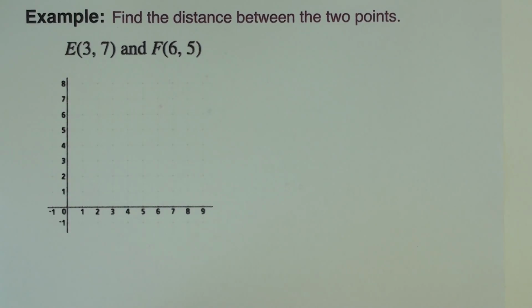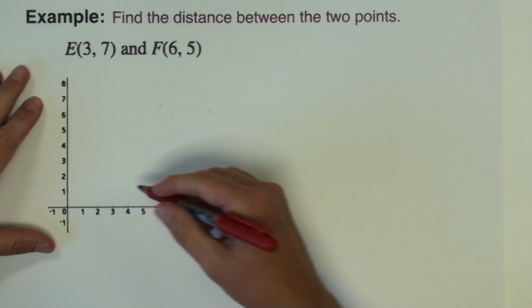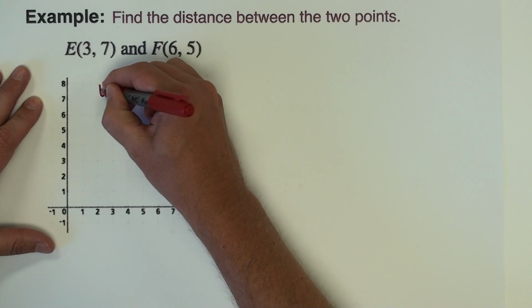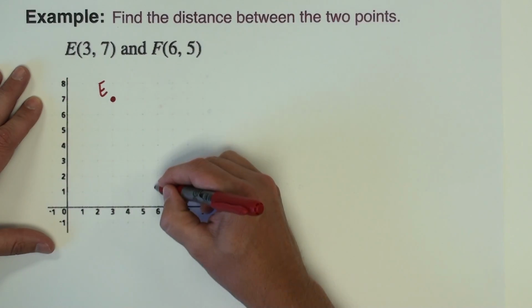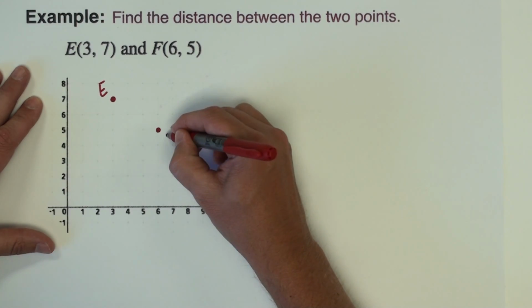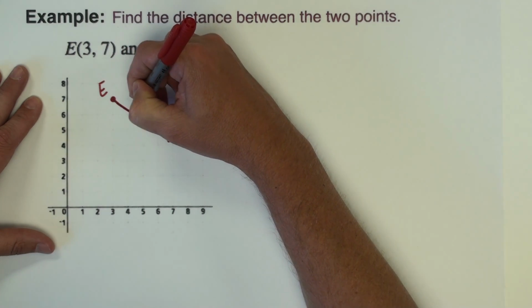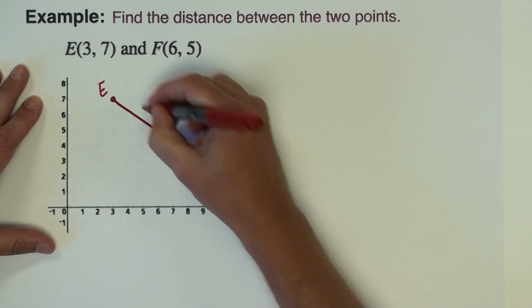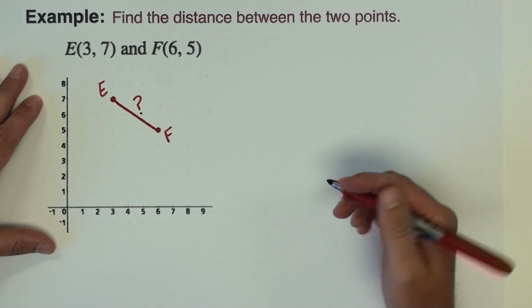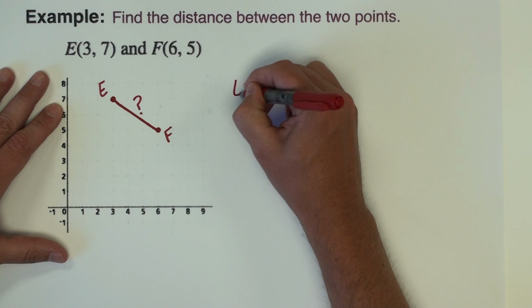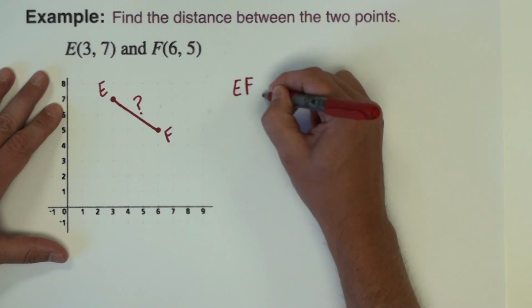Okay, the directions are to find the distance between the 2 points. So we have point E, which is at 3, 7. Point F, which is at 6, 5. And I want to know how long is that segment. What's the distance between them? And again, there is a distance formula. The distance formula would give me the length of EF.